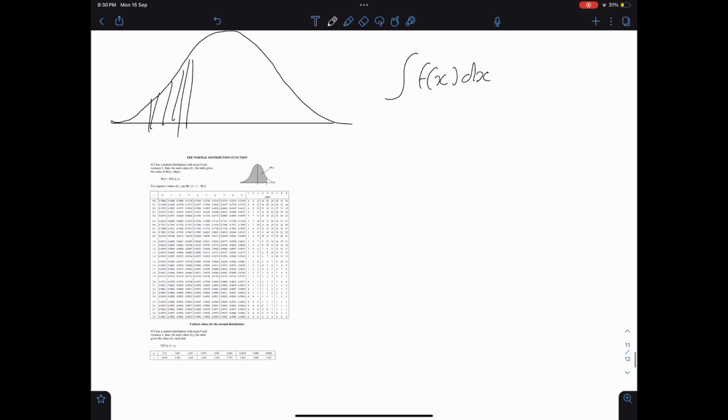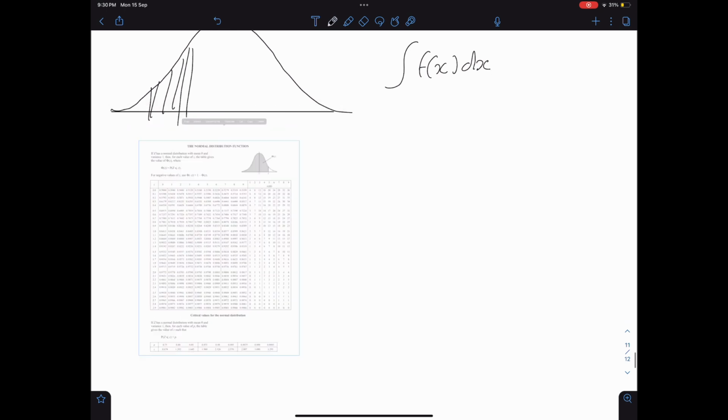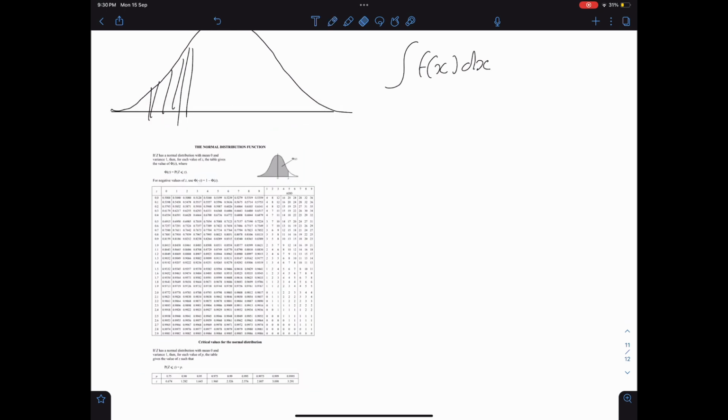And this specifically gives you all the areas between negative infinity and some positive values.